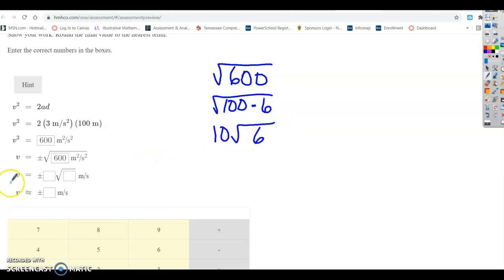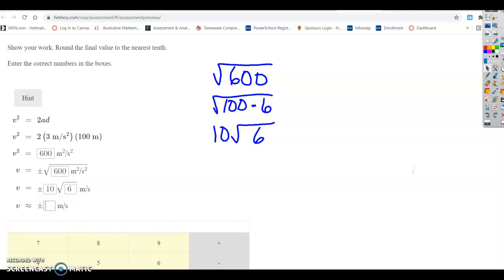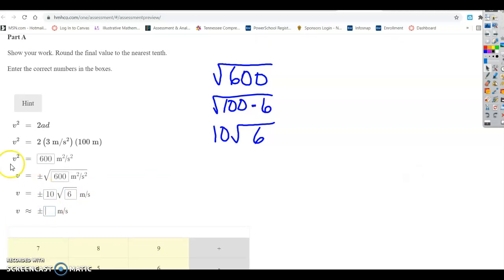So down here, when you're trying to fill in these blanks, that's what you're trying to do. You're trying to rewrite this as 10 square roots of 6. And then if you want to know the approximate, that basically means they've just typed this number right here in their calculator. Don't forget, it says show your work, round your final value to the nearest tenths.